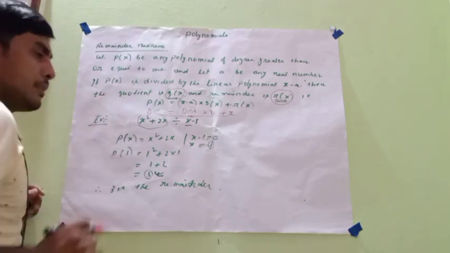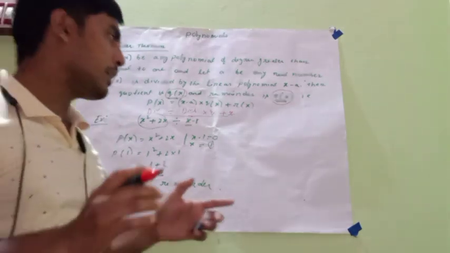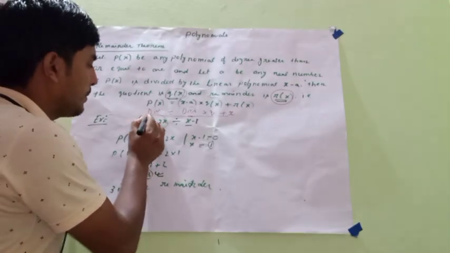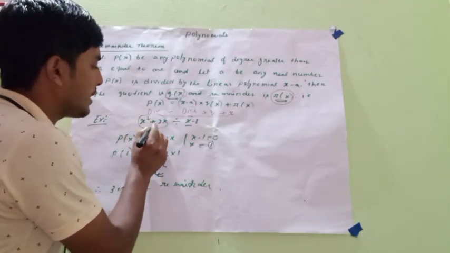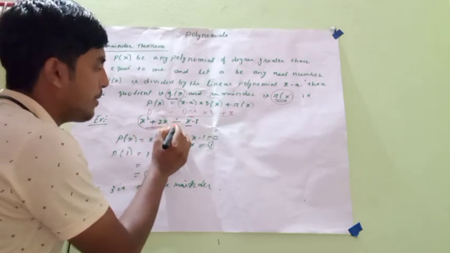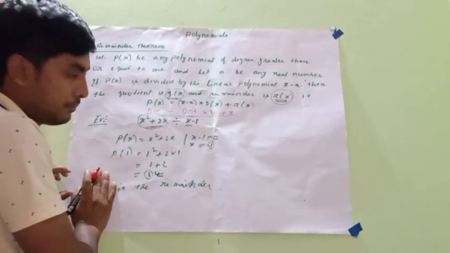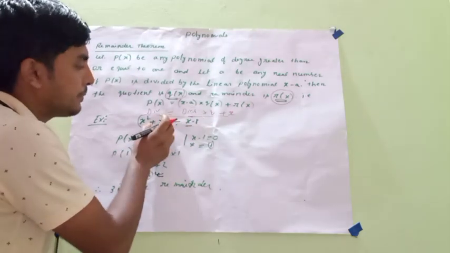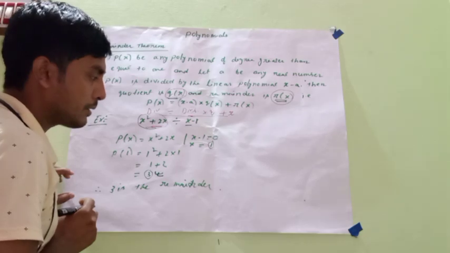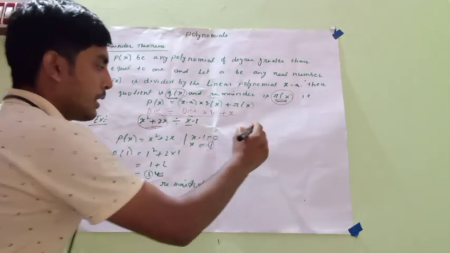Now, an example. What is the remainder theorem? I will give you a little explanation. For example, suppose you have the polynomial x square plus twice x, and you have to divide it by x minus 1. Understood what I am saying? How to divide?